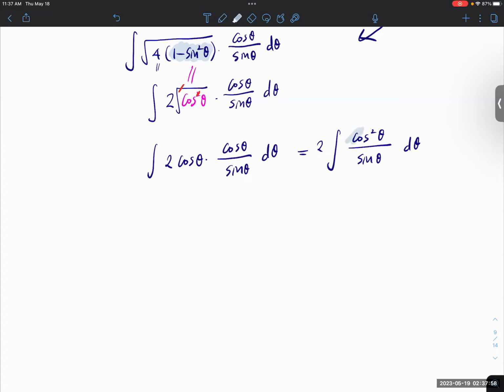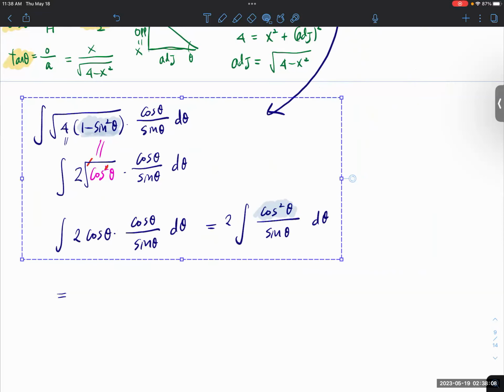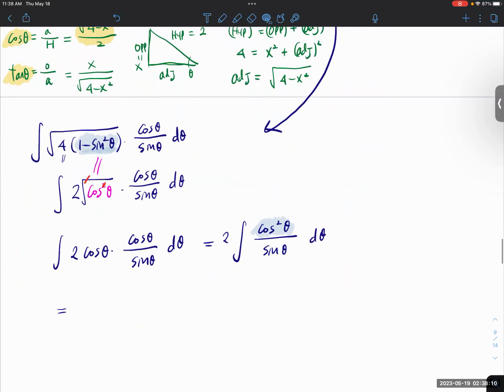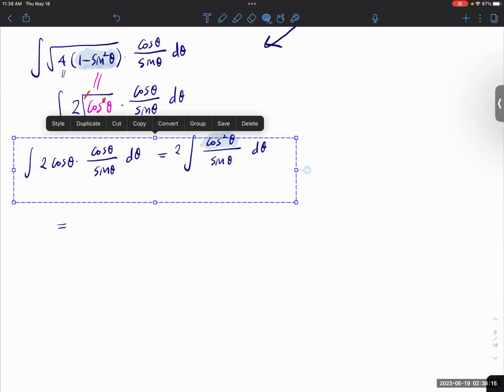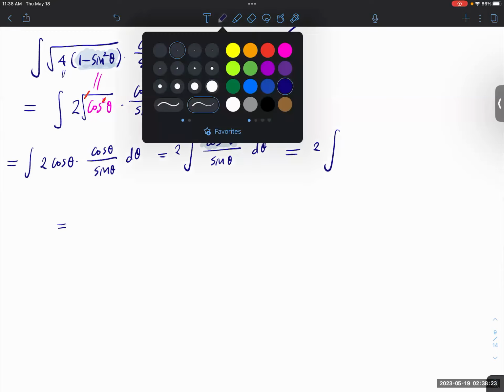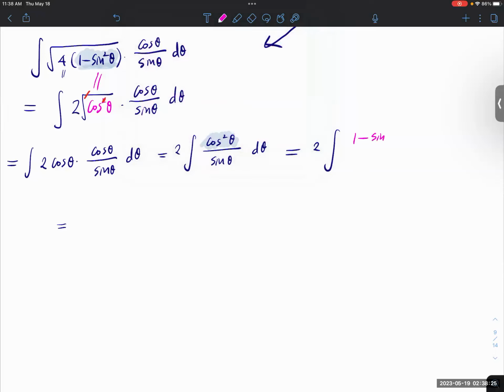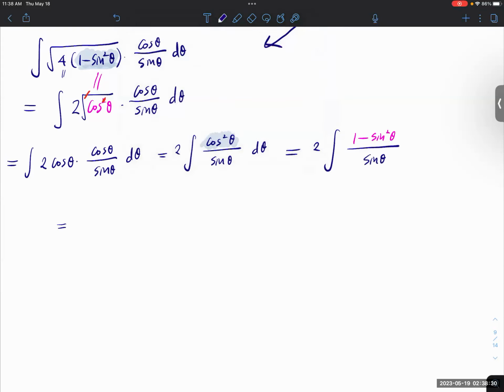Cosine squared theta is the same as 1 minus sine squared theta. So let's rewrite it. Let me minimize a little bit. So this is 2, cosine squared theta is the same as 1 minus sine squared theta, correct? And we have over sine theta d theta. So this is the same.